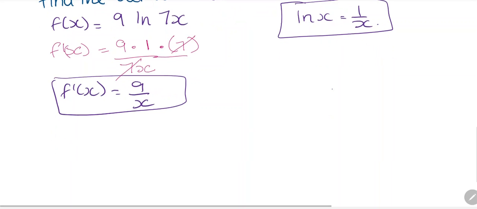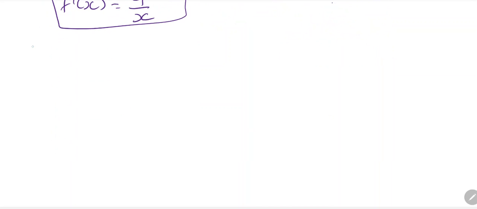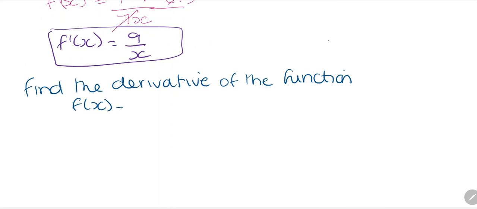So let's try another one. Find the derivative of the function f of x is equal to 6 ln 3x. So again, we're looking at what we need to do.